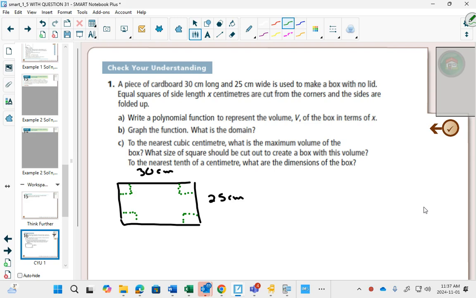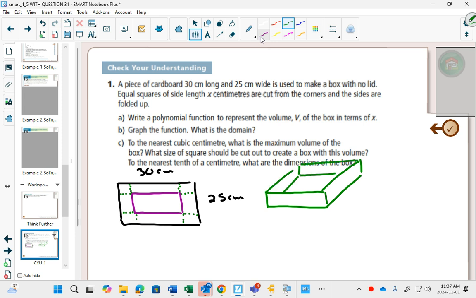If you cut those squares out, you would fold along these lines here, and you would get a box without a lid, just like we did with our paper.